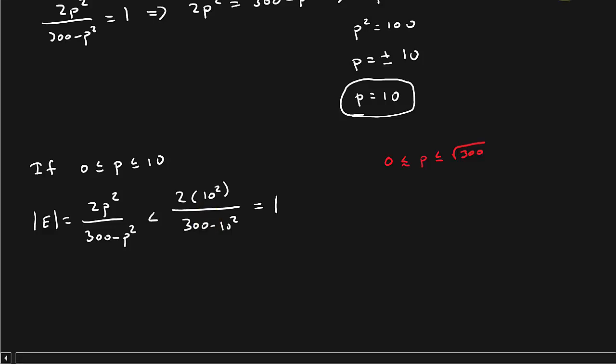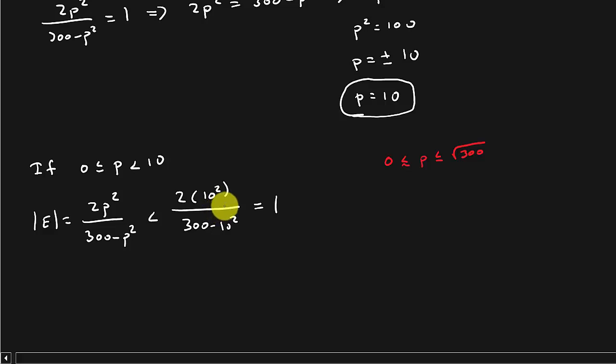Okay, so when p is between 0 and 10, it's going to be less than this. Well, I kind of messed that up a little bit. That should be less than 10, not less than or equal to. So when p is between 0 and 10, our elasticity of demand will be smaller than what it is evaluated at 10.